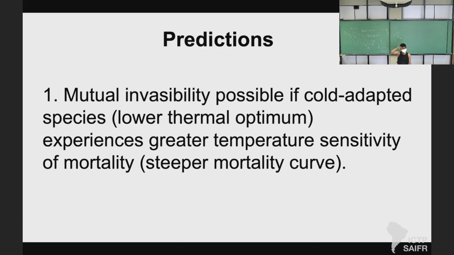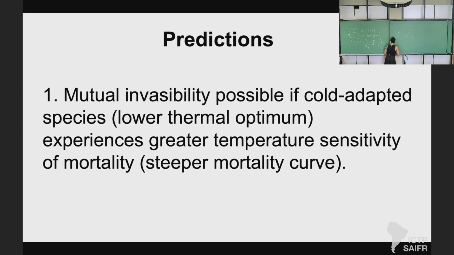But if your mortality rate increases very steeply, like this, it's very low where you're active, but when you go out of your favorable period, you have a huge disadvantage that helps the warm adapted species, right? So that reduces its effect on the warm adapted species. Do you see? It's just biology, but it's just really amazing, right?